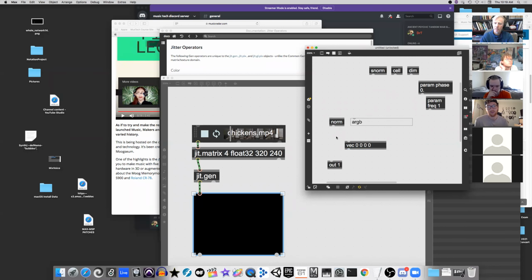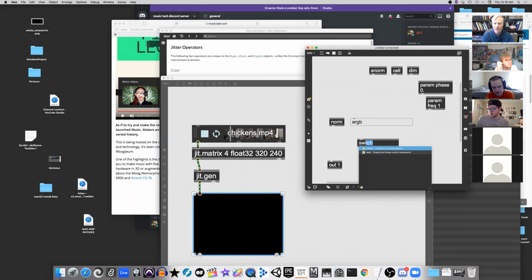I guess I don't know what'll happen then when it gets to the next dimension. How do I do this? Because this is already a vector. This is 4 values, right? These 4 planes.